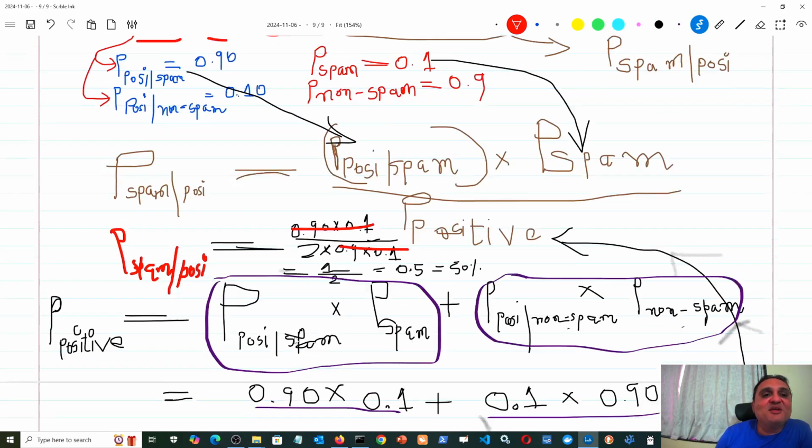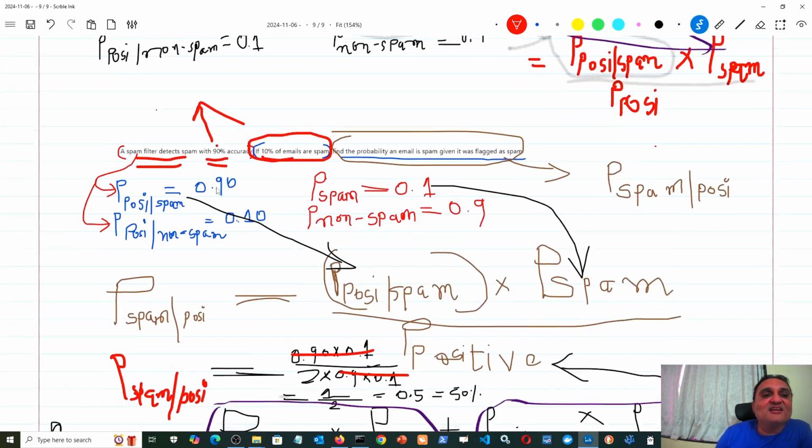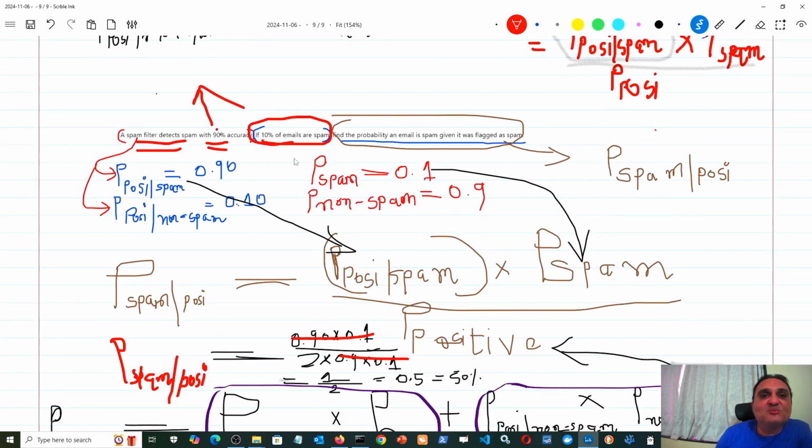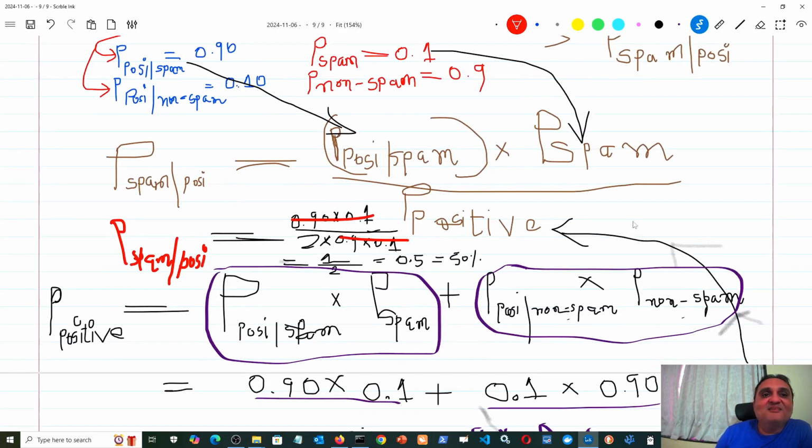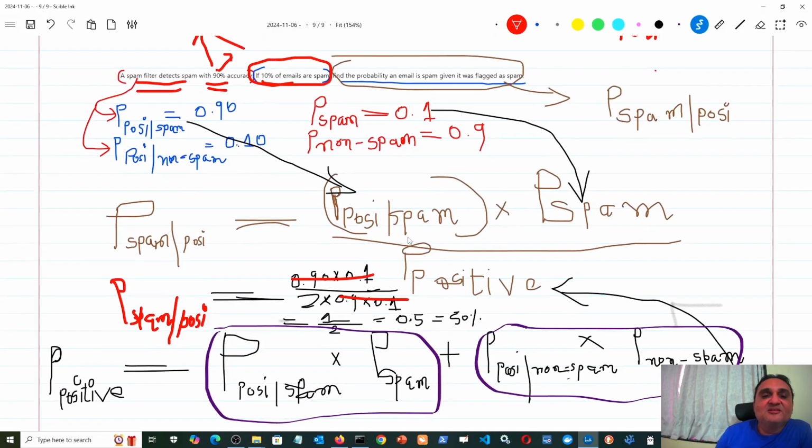So this will always remain 1/2. I can make that 0.95, and of course then this should also be 0.95, meaning 5% of the emails are spam. If the 10% remains 10% only, then there is a benefit in increasing this to 95% or 99%. But even then, my effective probability of something really being spam, when my filter flags it as spam, would reach maybe only around 60% or 70%.